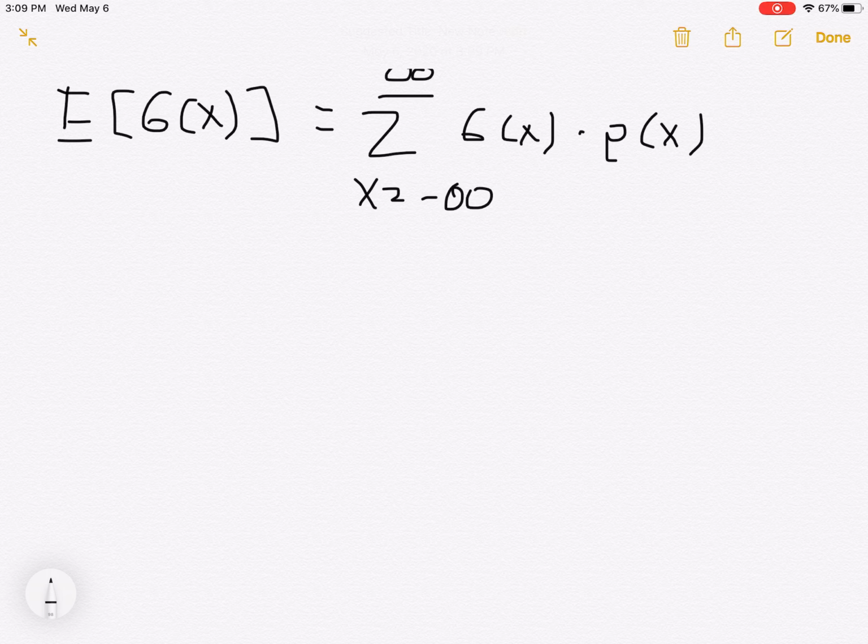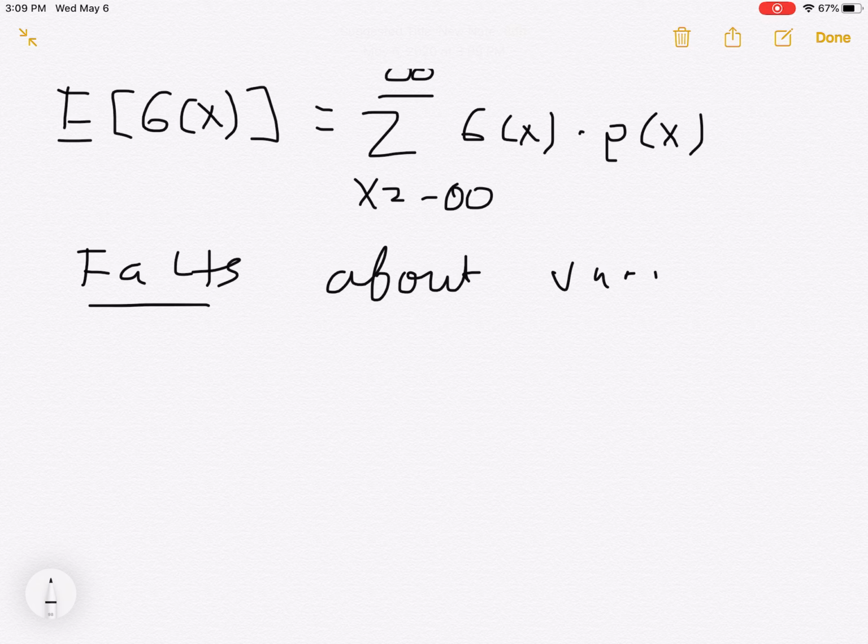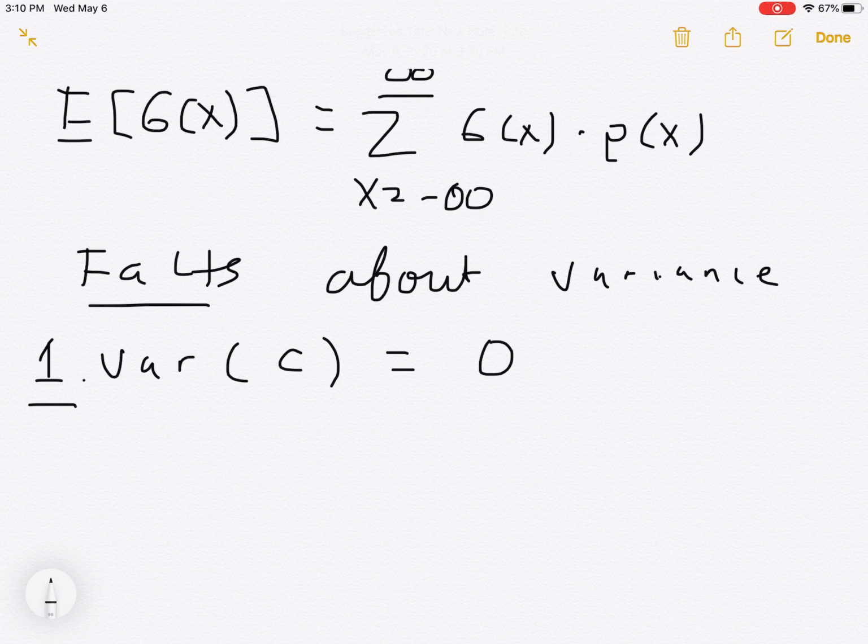But I want to just go over a few more things. Here are some facts that are important about variance. If I have the variance of a constant, that is 0. A constant has no variation in it. It's a straight line.